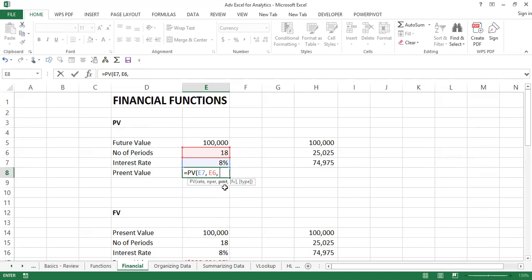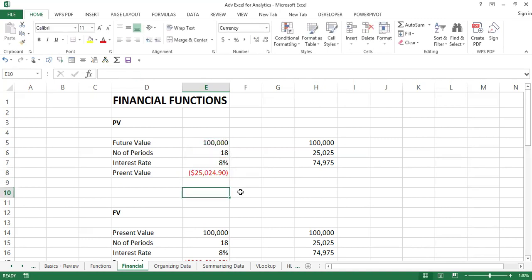The payments you want to be making or taking during the period. In this case, we want our payment to be 0. Nothing will be withdrawn or deposited during the period. Then the future value is 100,000. That's FV. Enter. So it gives you 25%.